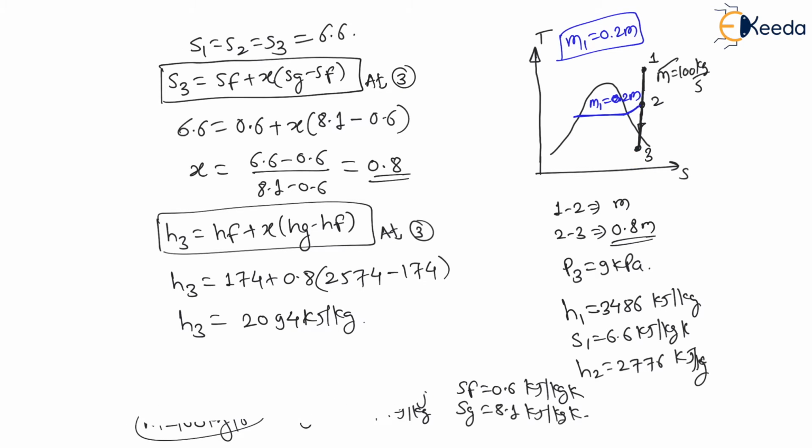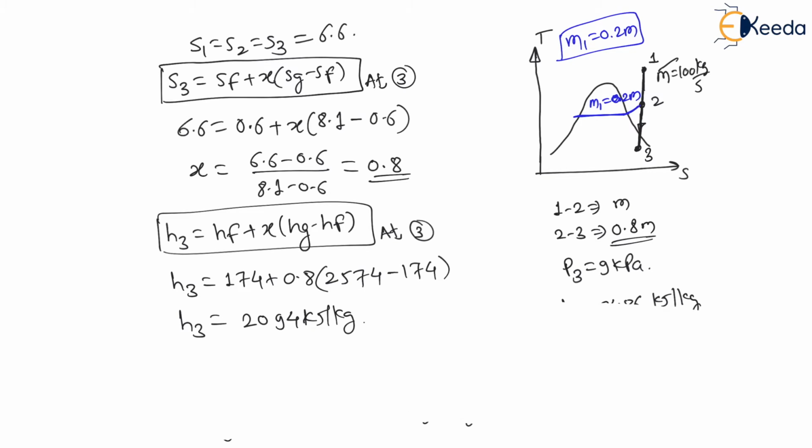Now let us find the power of turbine, right? Power of turbine. Now my dear students, the power of turbine is nothing but work of turbine. Here work of turbine will be equal to, from 1 to 3 there is a turbine, right? But from 1 to 2 there is total mass 100 kg, and from 2 to 3 there is 80% mass, means from 2 to 3 0.8 mass is flowing, right?